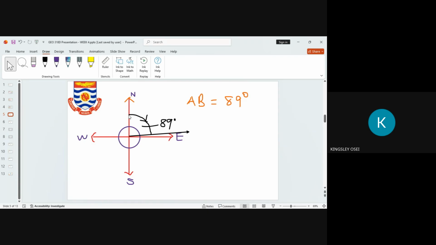Whole circle, I move from the north until I clear 89 degrees, close to the 90, and this is how my line will be oriented. In this oriented design, A will be the origin, and B will be the destination. Qualify the line as AB.